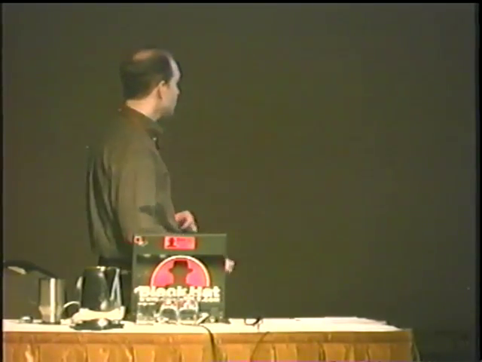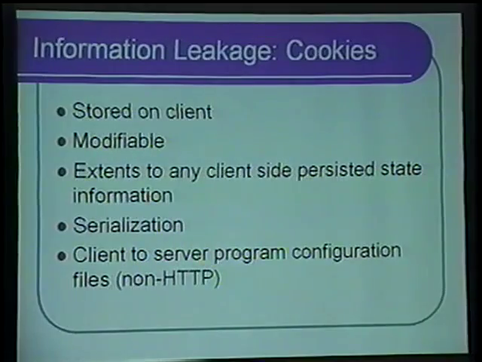Okay, cookies. I know some of this is not necessarily new and specific to .NET, but this is the hacker's perspective. These are the things that we're seeing where we say, oh, hey, look, it's so easy to do. Cookies are stored on the client. They are modifiable. As of IE 6.0, and I'm not sure if the very latest patch has changed this, the creation time and the byte size of the cookie are the only things that are checked.